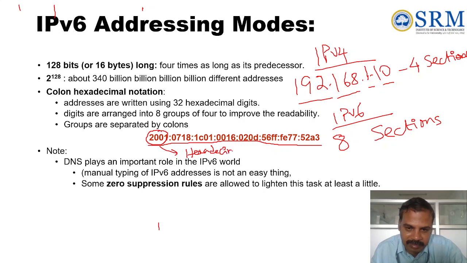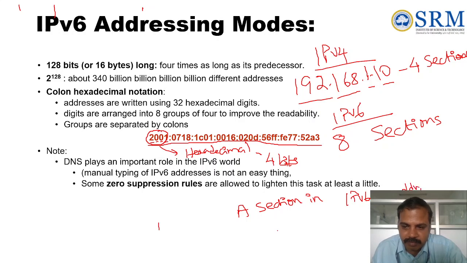Do you know how much space a hexadecimal number will take in terms of bits? A hexadecimal number will take 4 bits. So this 2 will take 4 bits, this 0 will take 4, this 0 will take 4, this 1 will take 4. Combined, a section in an IPv6 address will take 16 bits.